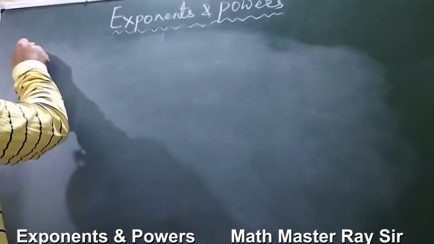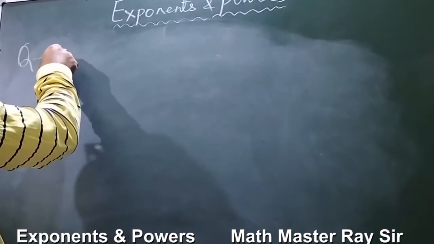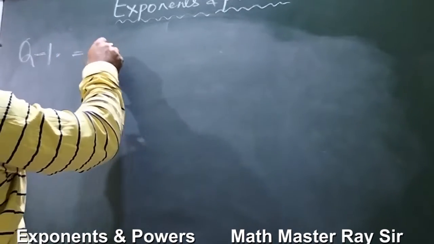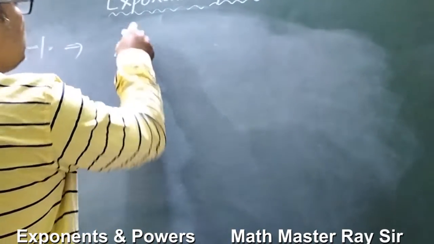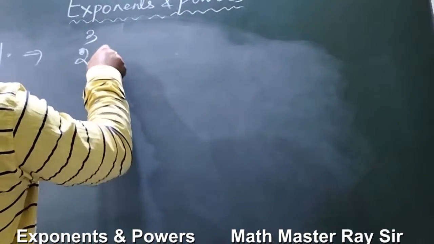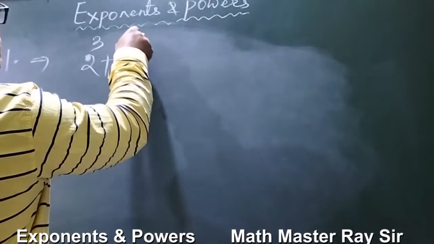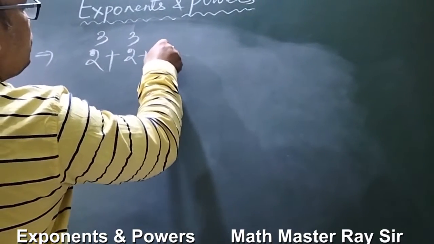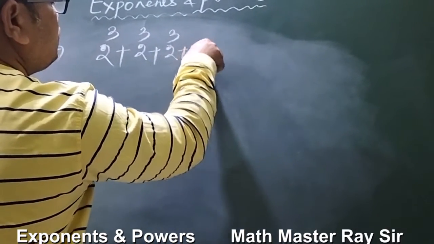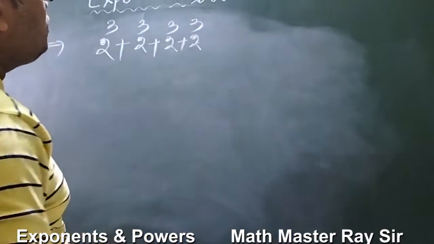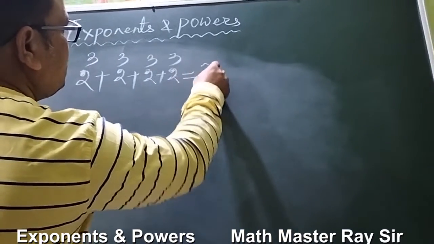Achha. Number 1. It is given 2 to the power 3 plus 2 to the power 3 plus 2 to the power 3 plus 2 to the power 3. What is the answer? I will do it in a very simple way.